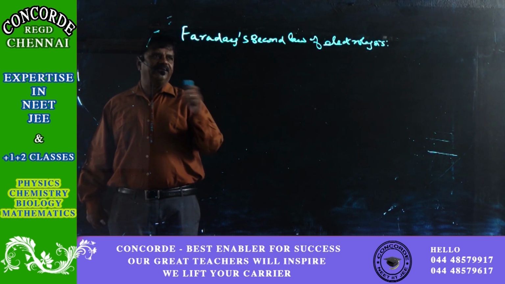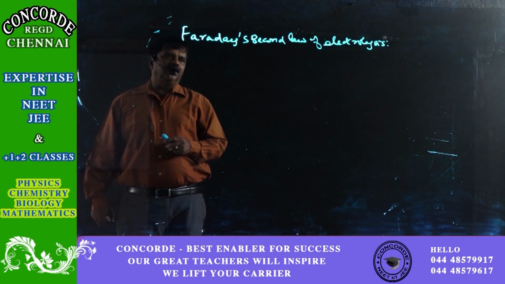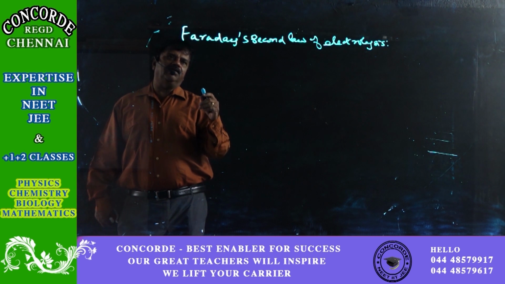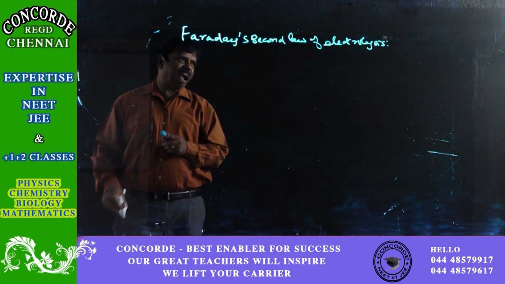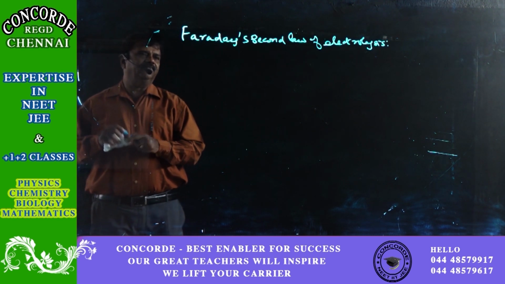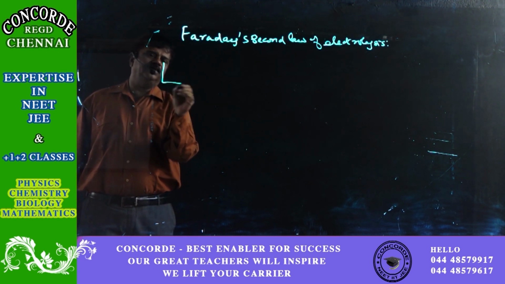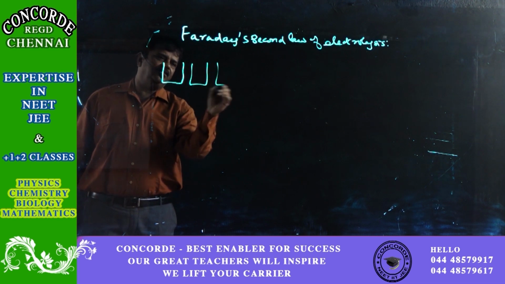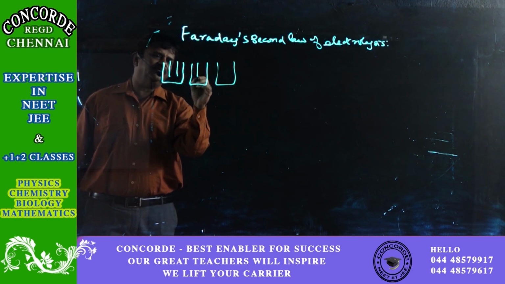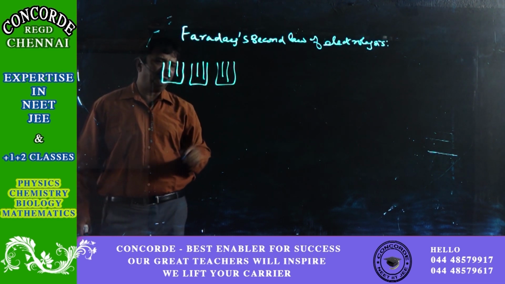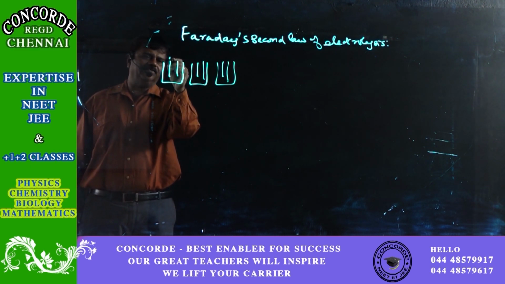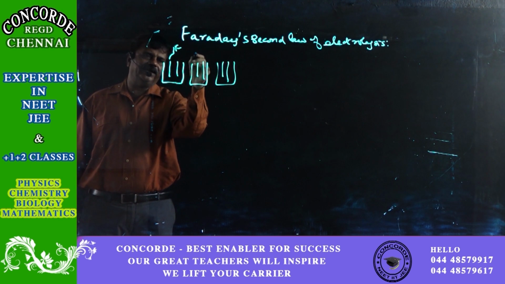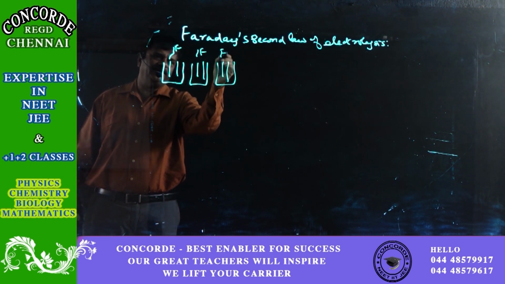As per the second law, if the same quantity of current is sent through different electrolytes, say for example I am having three solutions where electrolysis is taking place in three places, and I am sending the same quantity of current, say 1 Faraday here, 1 Faraday here, and 1 Faraday here.